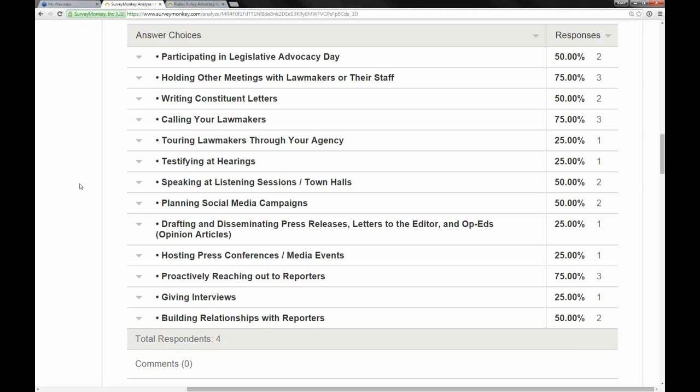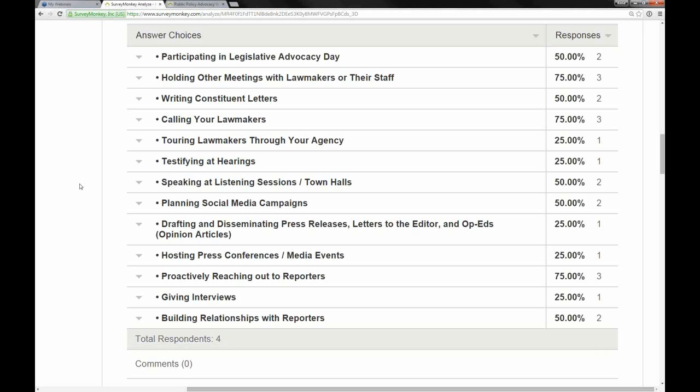Let's see, writing constituent letters, it's great, 50% there. Speaking at listening sessions and town halls, 50%. Building relationships with reporters. It's fantastic. All of that is really important. As long as you're doing something to engage in policy advocacy, that's fantastic. That's better than not doing something, obviously.